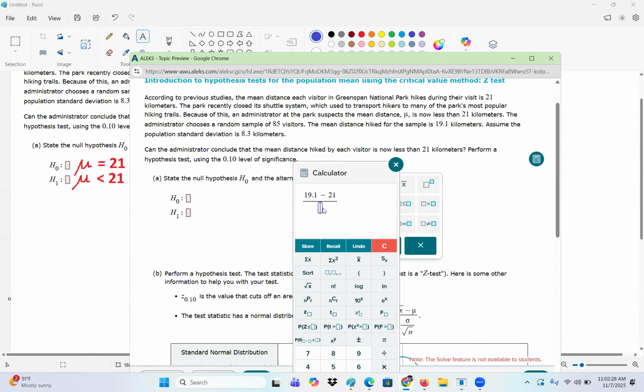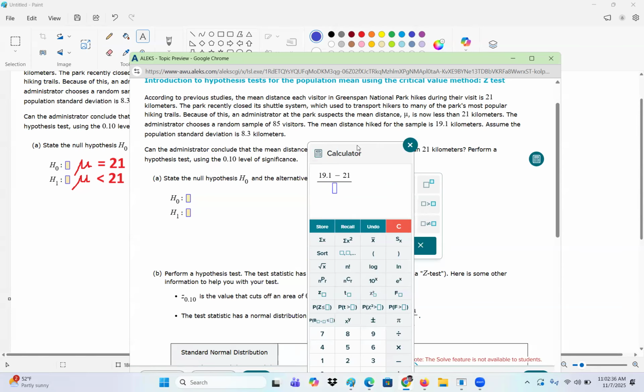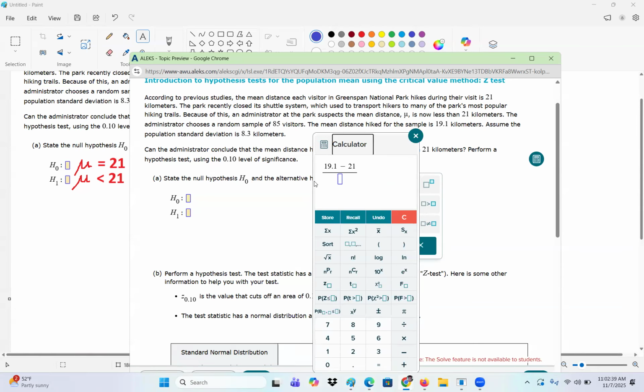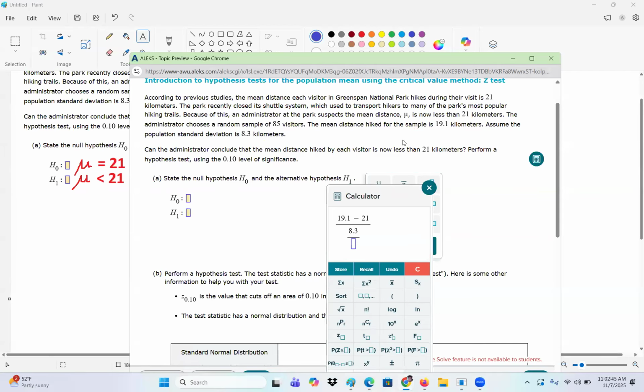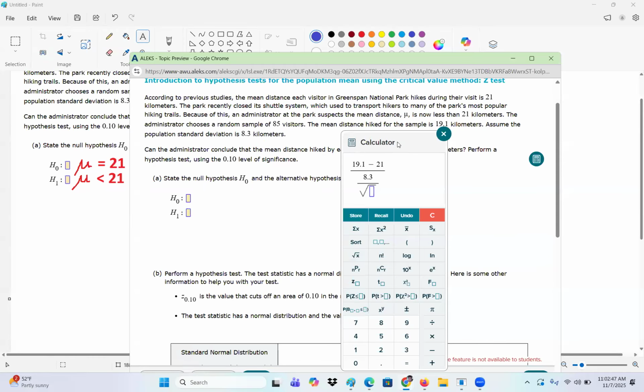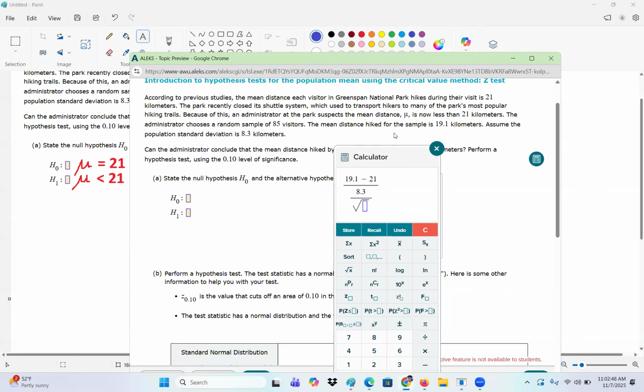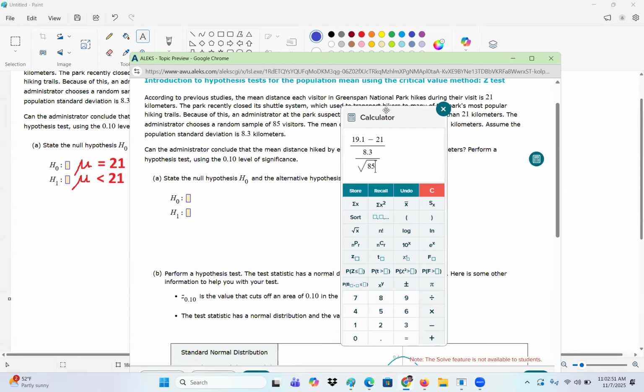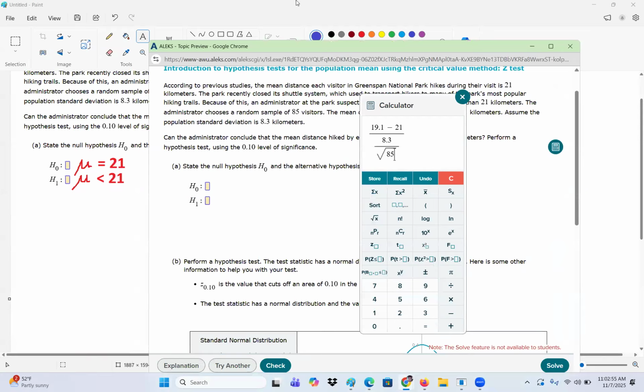We're using a small sample to make a conclusion about the entire community. So we divide by the standard deviation, 8.3, over the square root of the sample size, 85. All right, so we can do that.